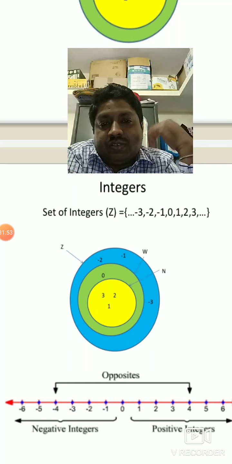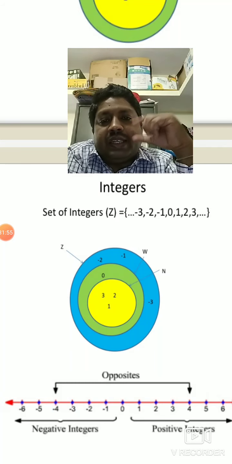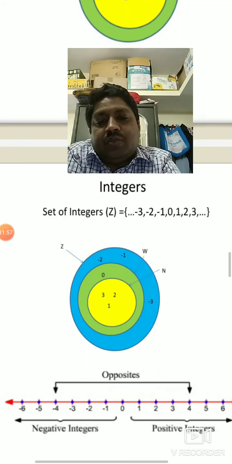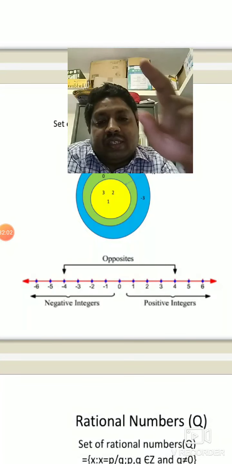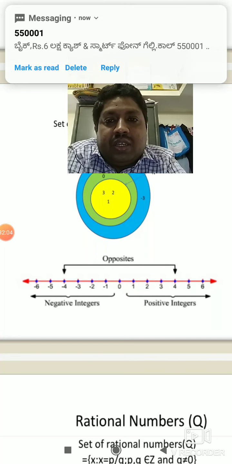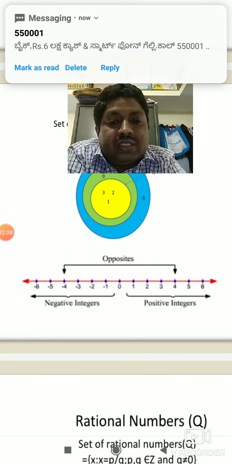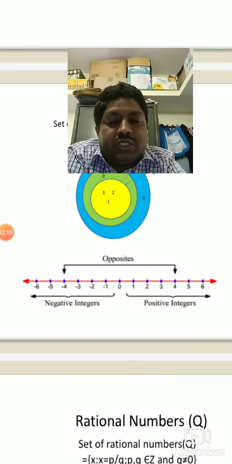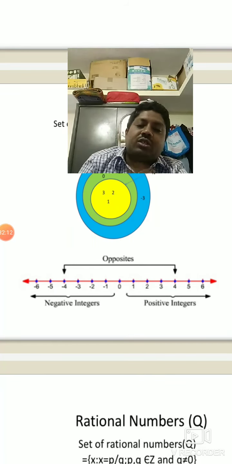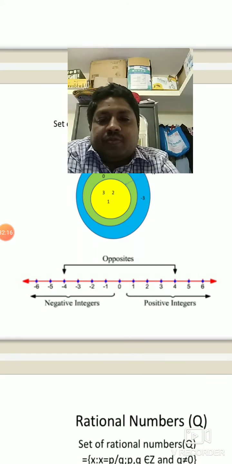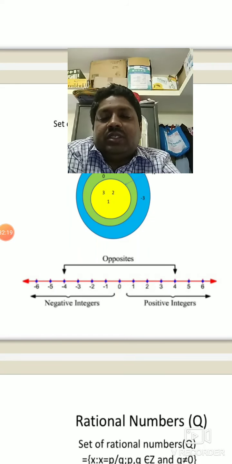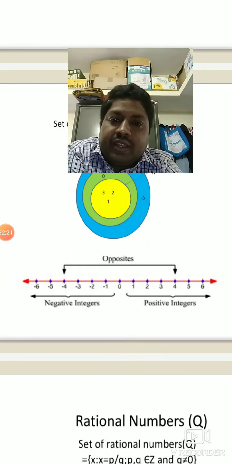The set of integers is denoted by the letter Z. When you look at the number line, 0 is in the middle. Left hand side you will have negative integers, right hand side you will have positive integers. So positive and negative integers are very important. For whole numbers, when you add negative integers, it is called integers. That's all.